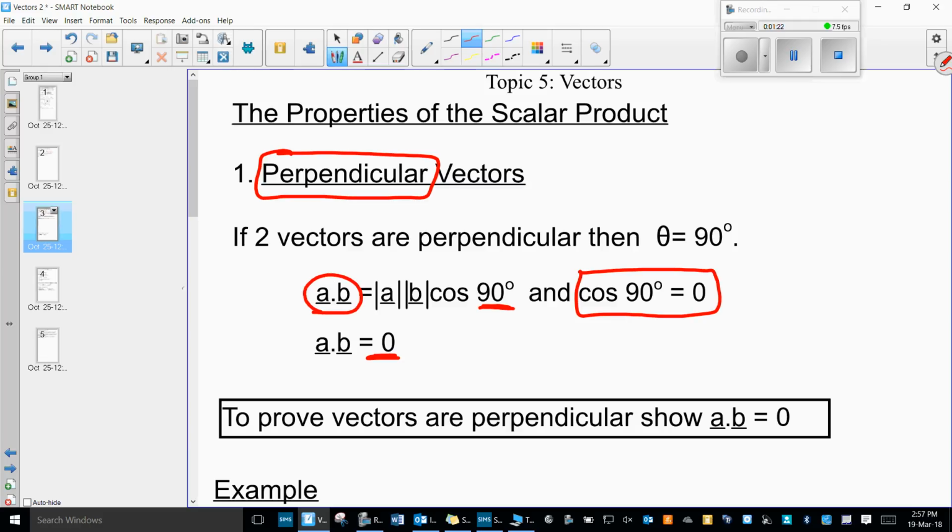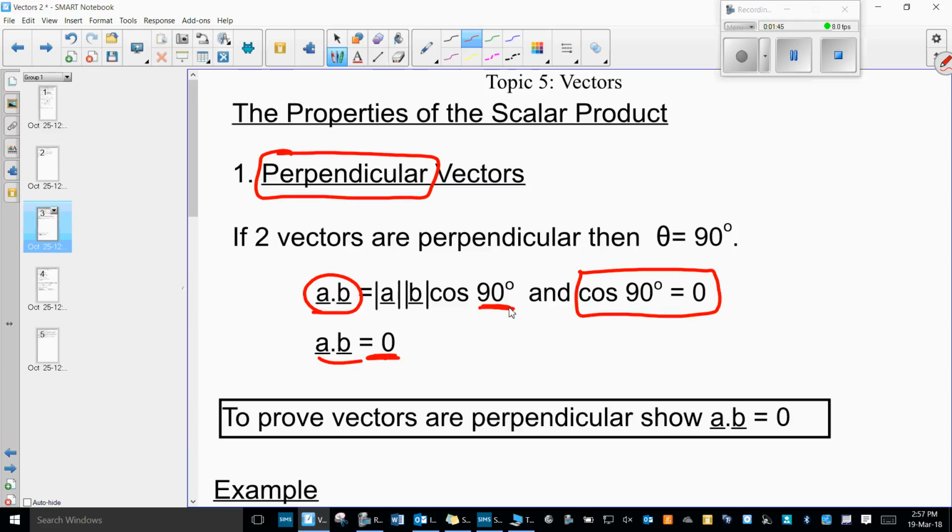Okay? That all follow, yes? So if the dot product is equal to 0, then they are perpendicular. And that's what comes up so often. It will generally say prove that these two vectors are perpendicular, or given that they're perpendicular, find missing numbers. So they're the most common types of questions.